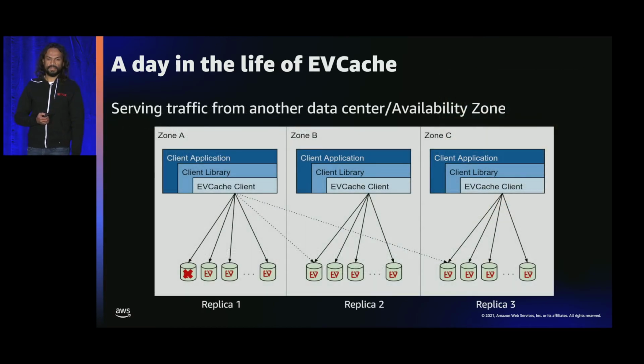In this slide you can see that in zone A, an instance fails. Since the EVCache client is topology aware, it can serve those reads from other zones, other replicas, while the instance farm automatically kicks in from the background and refills data to the failed instance.